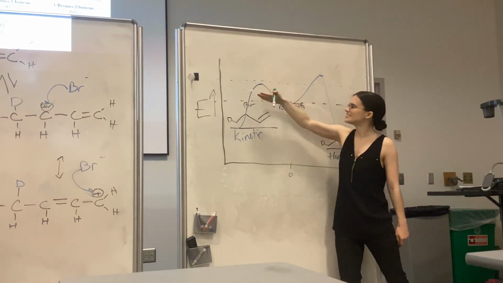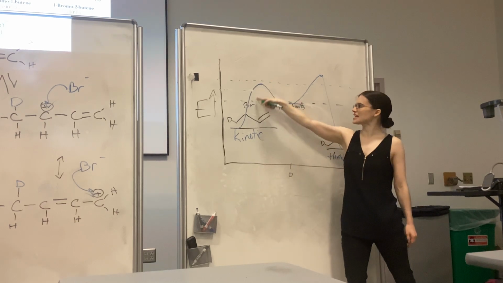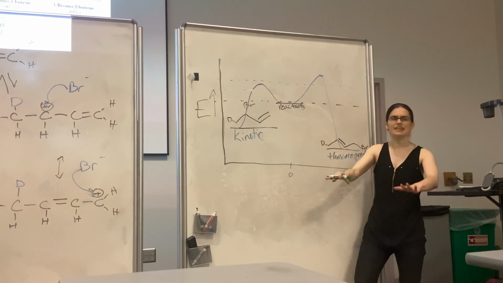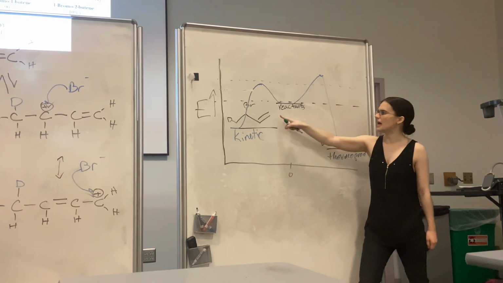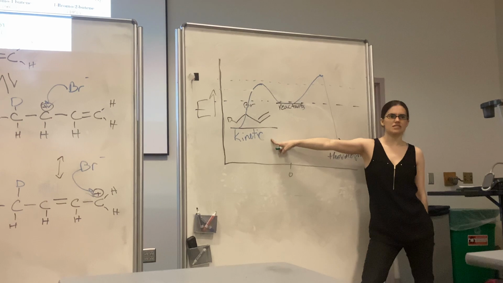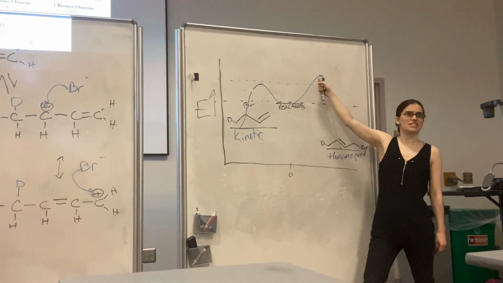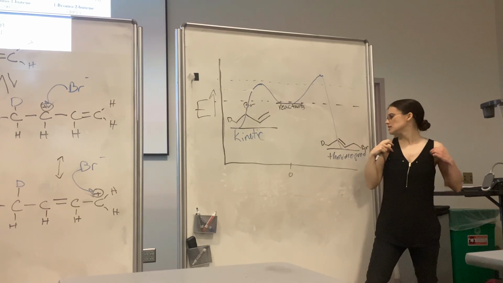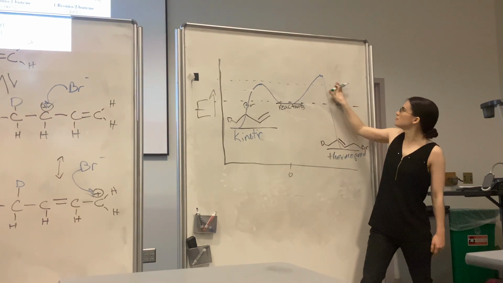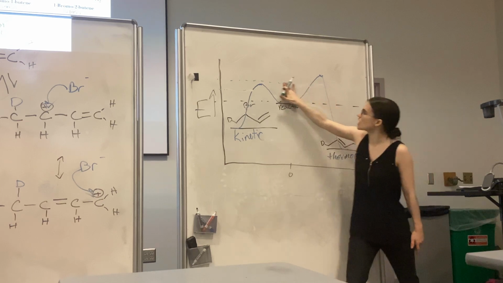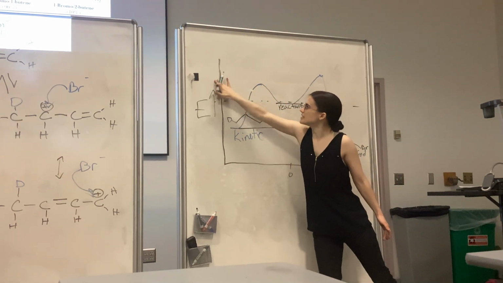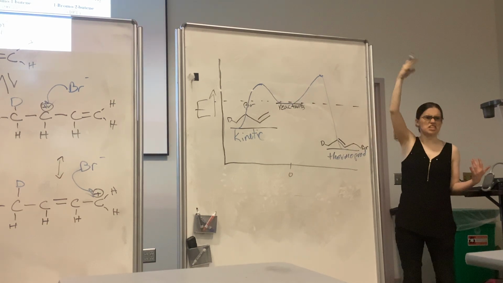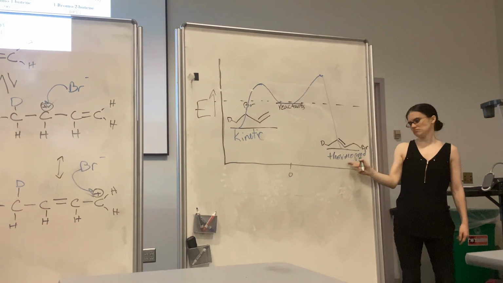This one has a lower activation energy, so if we cool it down enough, there's not enough energy to make this one happen, then we favor this, because we couldn't even get to the transition state of this. If we warm it up so there's enough ambient energy for anything to happen, and the transition state is not energetically unreachable, then we get this one.